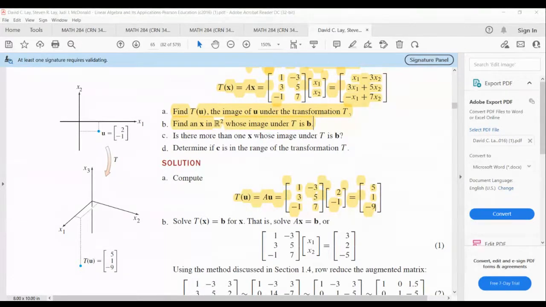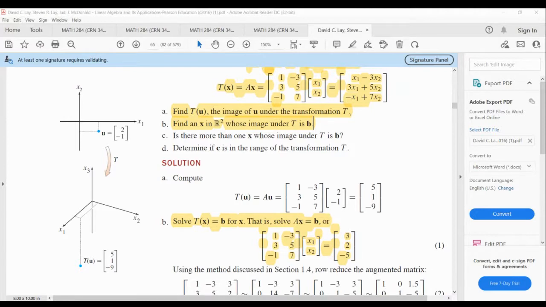And in part B, they say, all right, find a vector x in R squared whose image under the transformation is a vector b. Well, the vector b given above is 3, 2, -5. So in this case, what you have to do is solve this matrix equation.